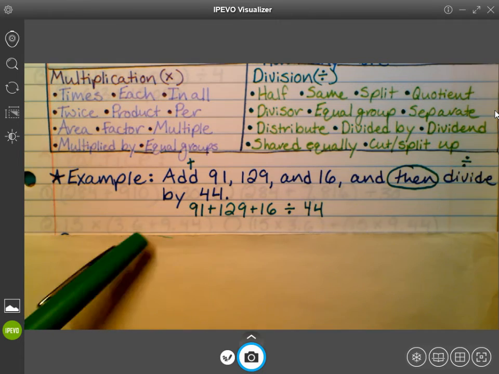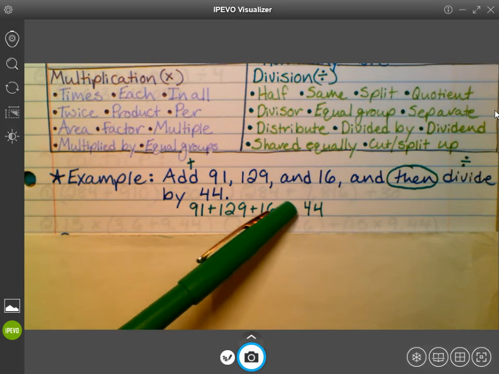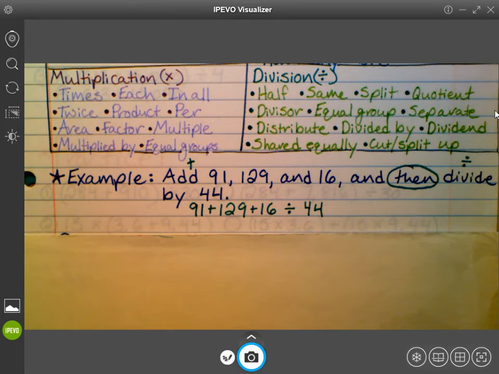Now, 5th grade, what would be the issue here if I left my expression like this? Because I did write, add 91, 129, and 16, then divide by 44. What's the issue with what I have right now?